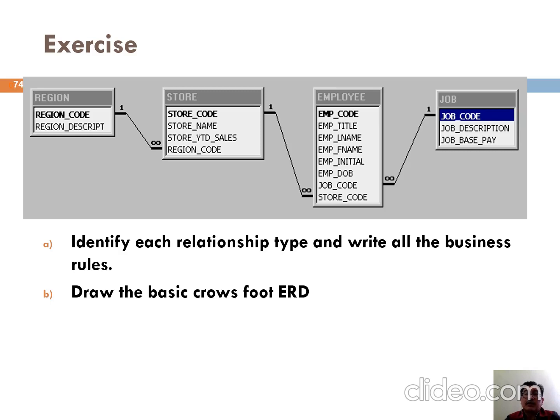We have discussed the business rule and also ERD. You should be able to derive ERD from business rule, and if you are given an ERD, you should be able to derive the business rule from the ERD. That's all for the lecture today.